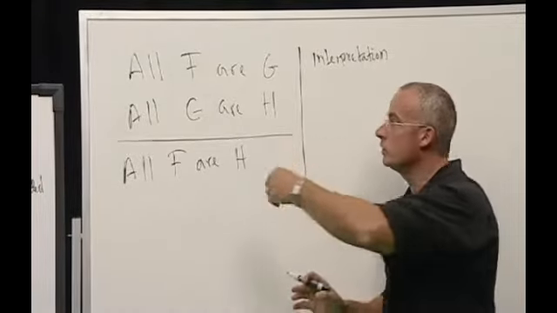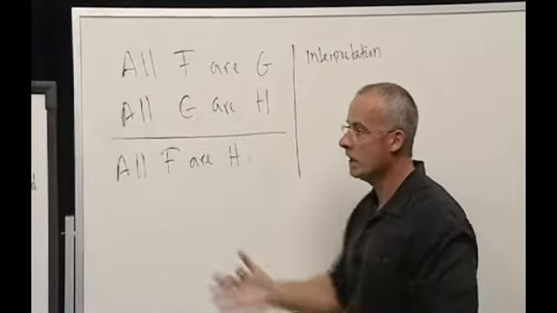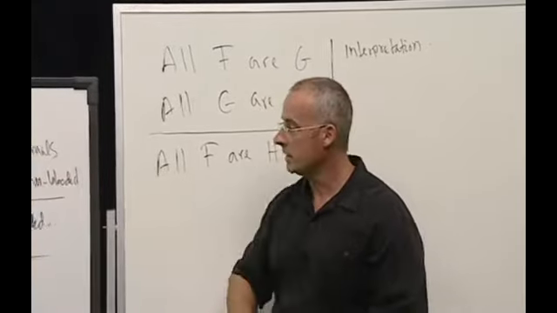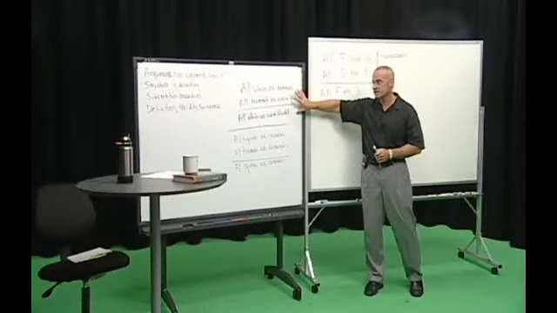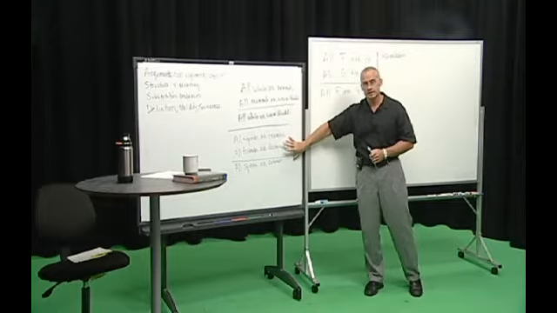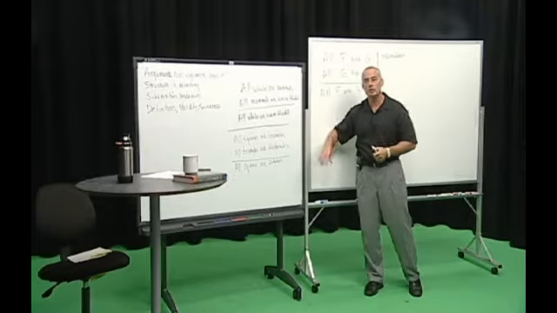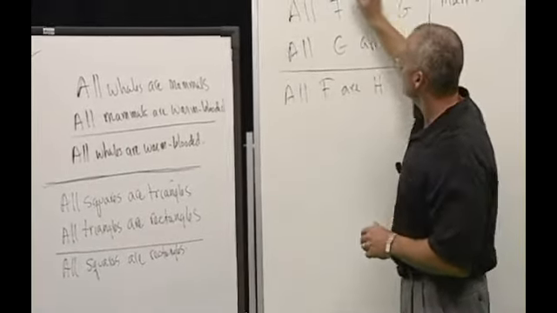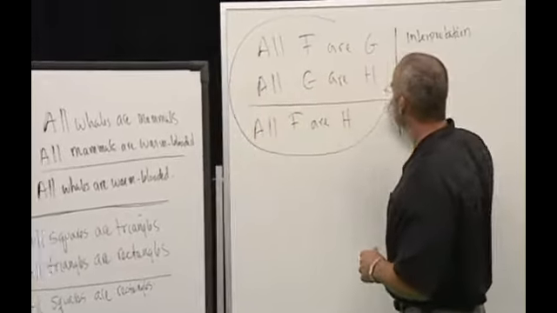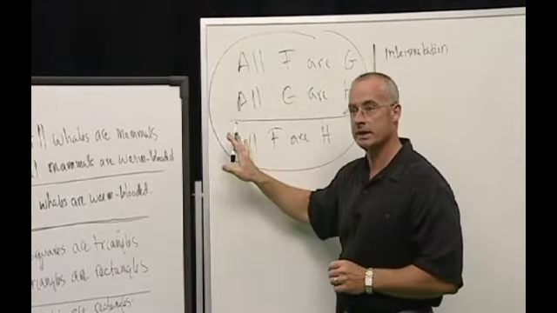We can substitute terms in for F, G, and H to produce real-world arguments. Some of those arguments we find convincing. Some of those arguments we accept. Others we don't, okay? Because their interpretation simply doesn't fit with what we know is true about the world. We know that all whales are mammals. We know that all mammals are warm-blooded, and we know that all whales are warm-blooded. Right? Logic is the study of the underlying structure of arguments like this.